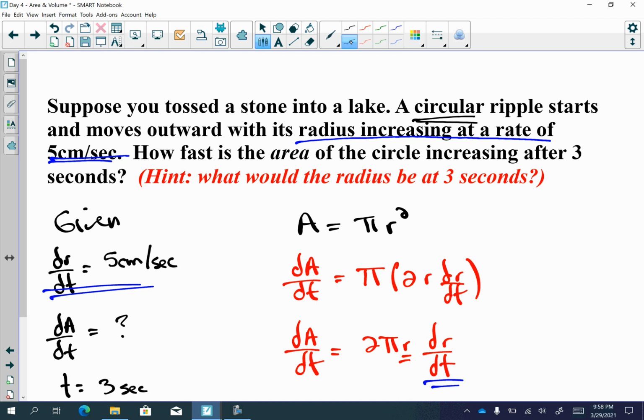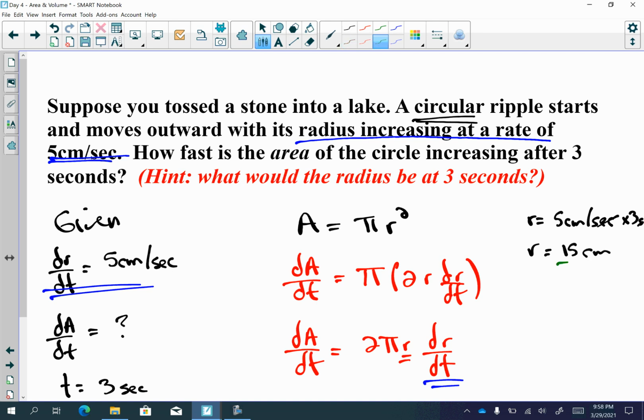Well, think about this. If the radius is increasing at 5 centimeters per second, I'm going to take that rate and multiply it by 3 seconds. Seconds would cancel, and I get a radius equal to 15 centimeters.